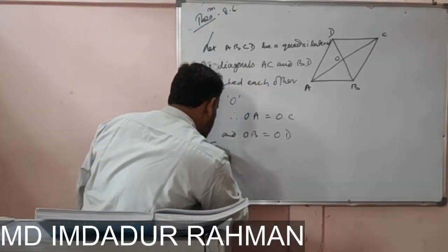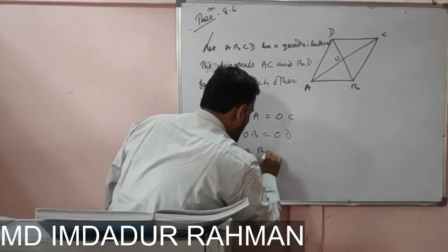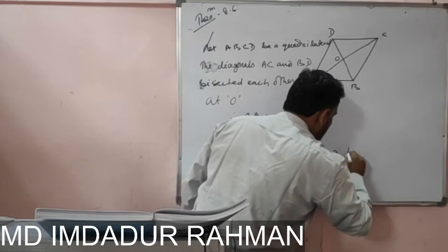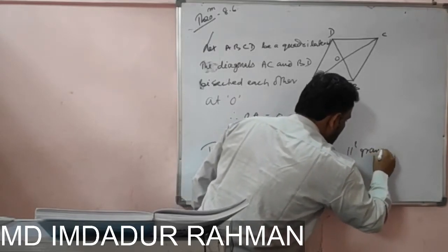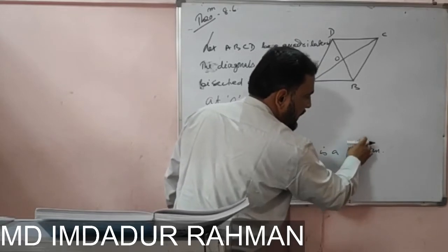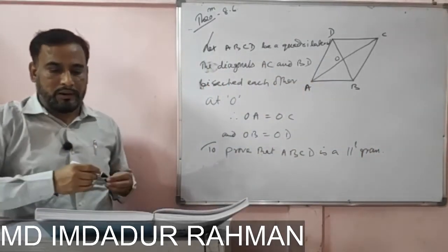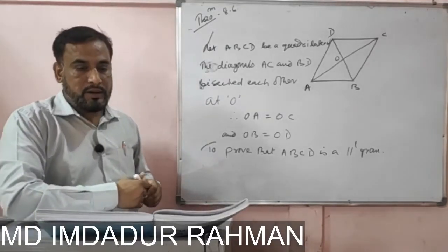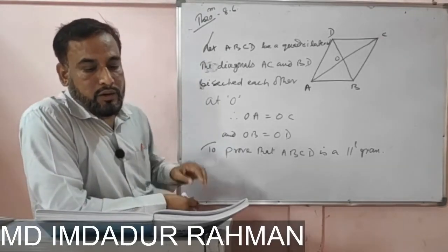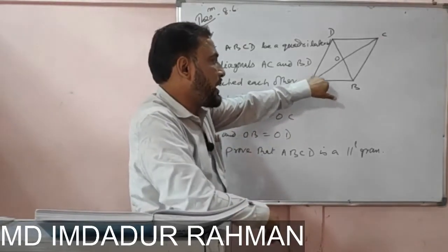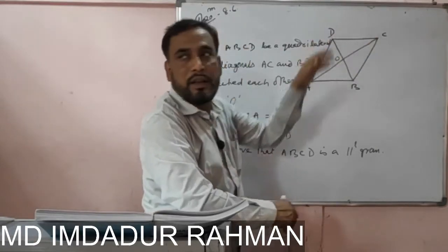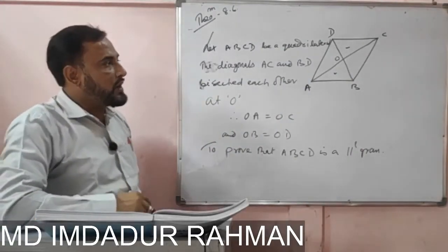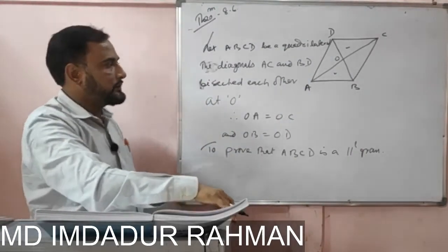To prove it, we will consider triangle AOB and triangle COD, and here we will use the property of alternate angles.